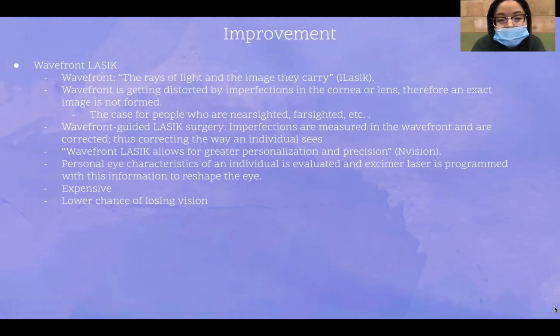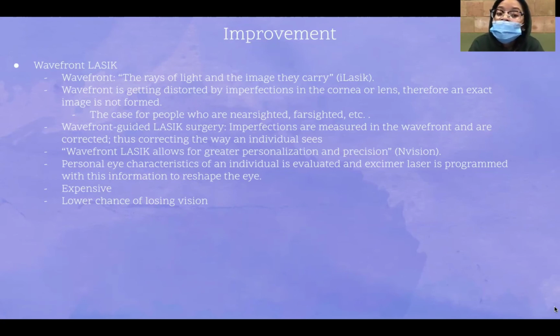So this is the same concept. The wavefront is getting distorted by the imperfections in the cornea or lens. Therefore, an exact image is not formed. This is the case for people who are nearsighted, farsighted, etc.